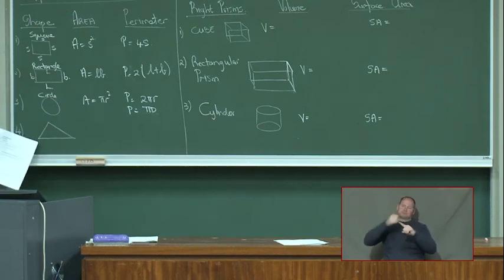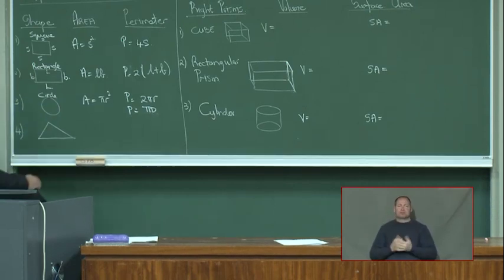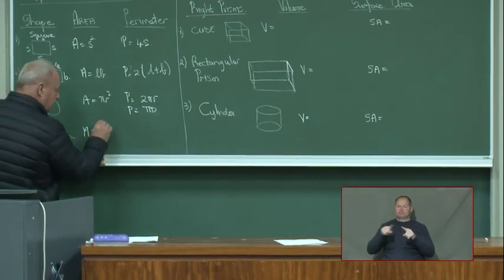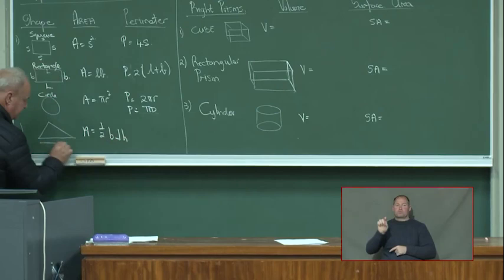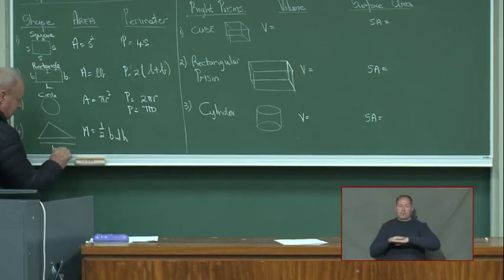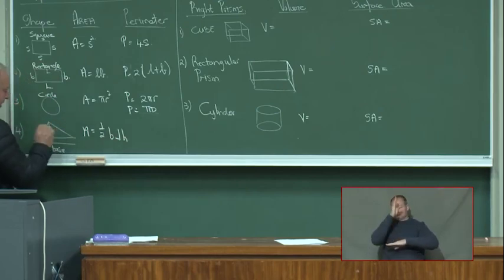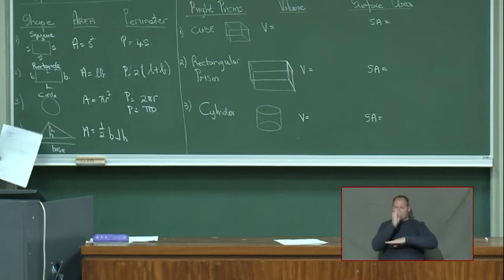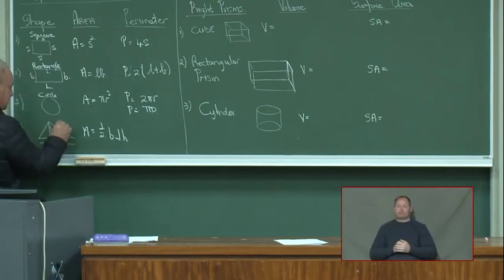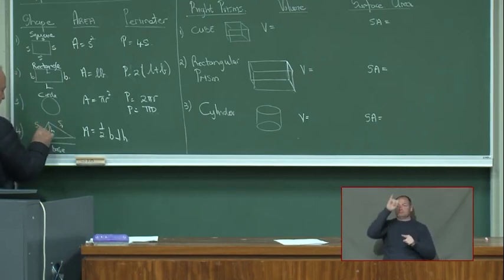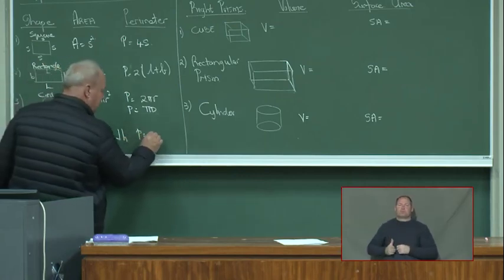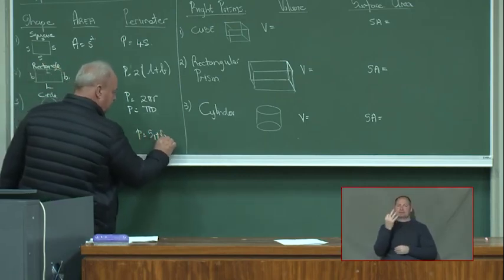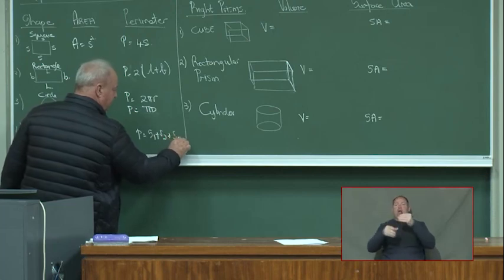If we look at a triangle, the area of a triangle is equal to half base times perpendicular height. This here is the base, this here is the perpendicular height. The perimeter of a triangle is side 1 plus side 2 plus side 3.